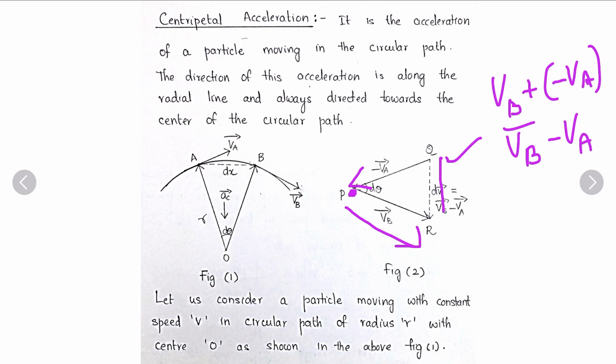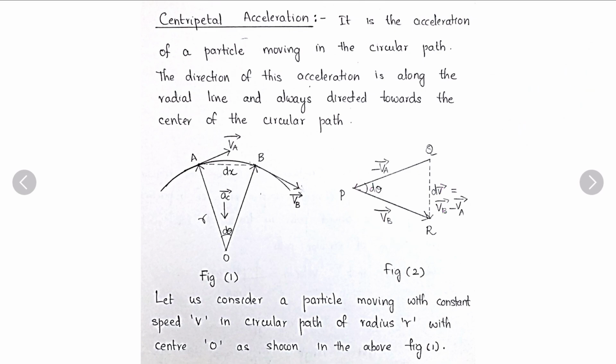So this is according to the triangular law of vector addition. According to the triangular law of vector addition, if two vectors, this is A bar and another vector B bar, are touching like this, where the head of B is touching the tail of A, then join the third side.